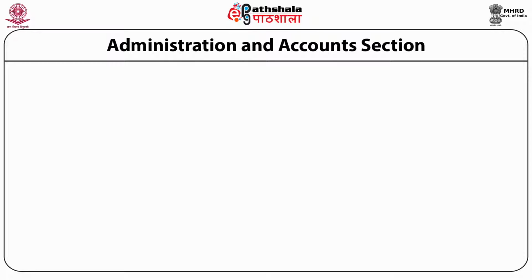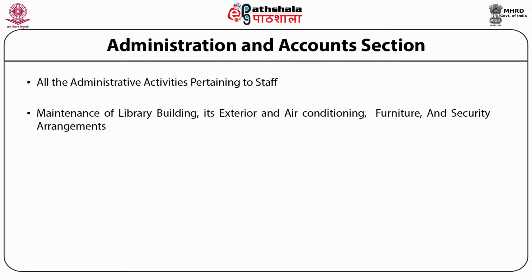Administration and account section. The functions of the administration and account section are to attend to all the administrative activities pertaining to the staff, maintenance of the library building, its exterior and air conditioning, furniture, and security arrangements, disbursement of staff salaries, and handling of other accounts.